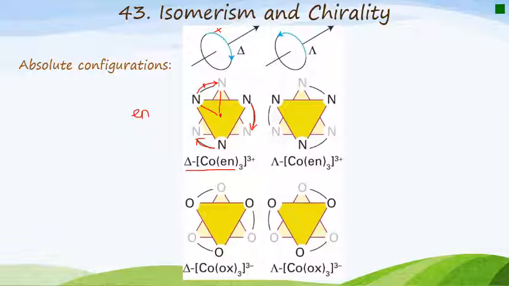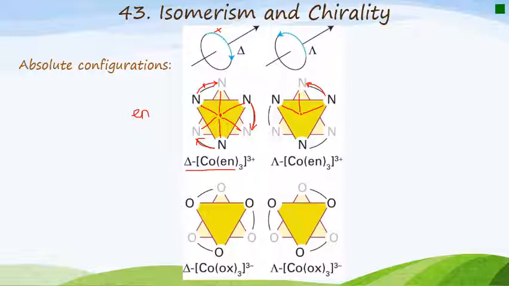Now, what happens if the configuration was in the opposite direction? So in other words, we start from here and we go in this direction here. Remember that the cobalt is in the center, and this is a bound point to nitrogens. All nitrogens are bound. Let me just draw them for you so you can see that we're talking about an octahedral complex here, because there are 6 coordination points.